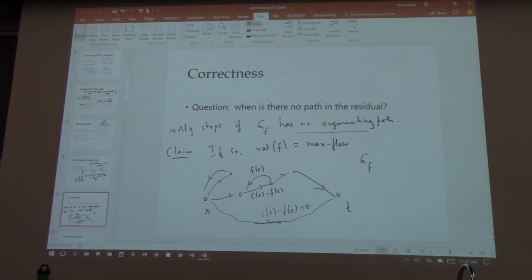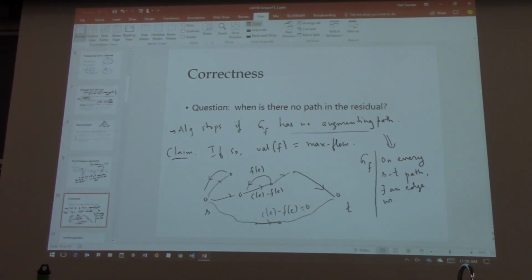So this means that on every S to T path there is an edge with capacity 0.